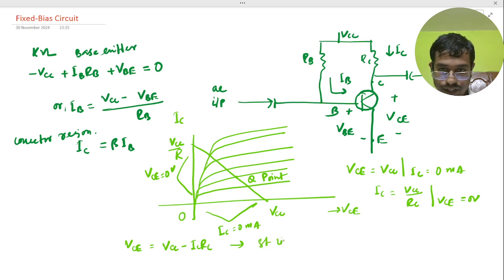Basically the straight line is called the load line, and from here we get the load line concepts and the Q point concepts. And basically we now go through the another part, that is the emitter stabilization bias.